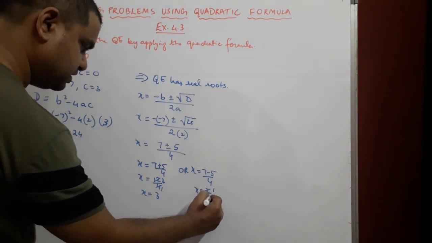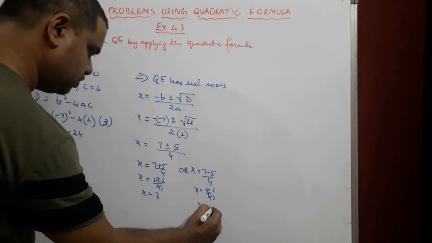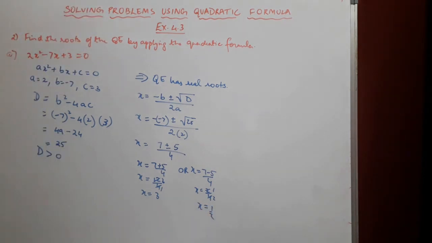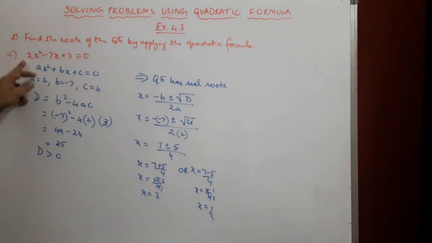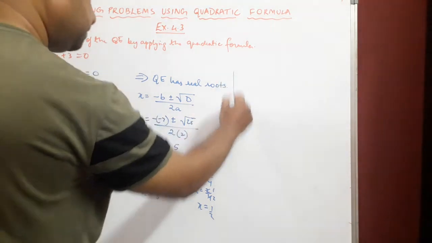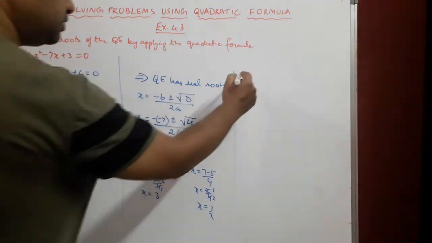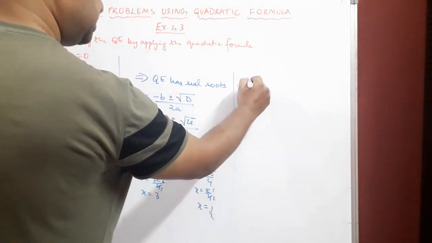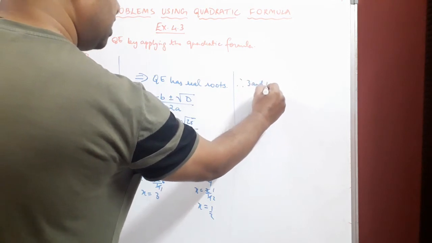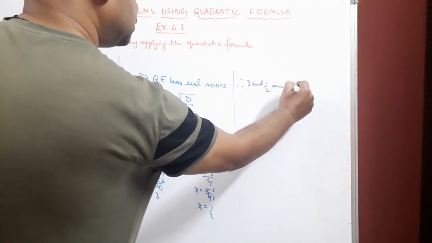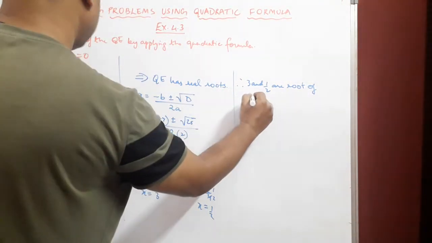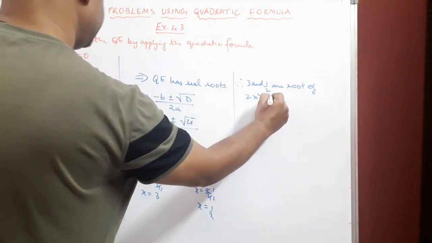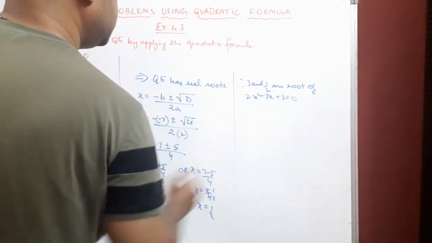If we cancel this, we'll get half, x equal to half, which means that these are the two distinct roots of this particular quadratic equation. So we can write over here, separate this out, therefore 3 and half are roots of the quadratic equation 2x square minus 7x plus 3 equal to 0.